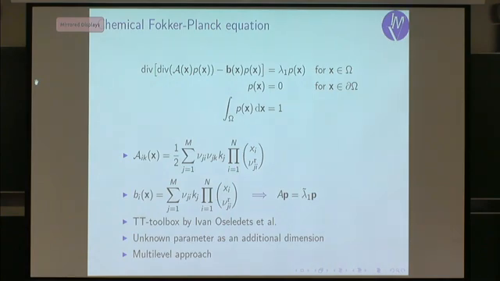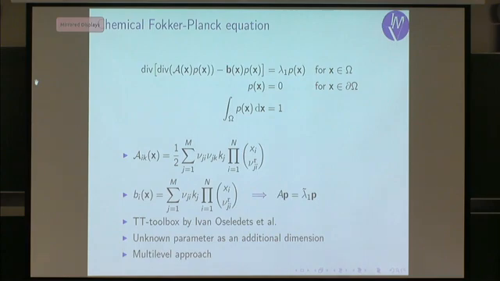I can consider that coefficient as an extra variable, and it will increase the dimension of my system by 1, but I can use the tensor technology to handle this one extra dimension, and I can solve the problem for all possible values of that parameter. And once I have solved it, I can do some post-processing, see what is the solution for different values of this parameter, and do, I don't know, parameter identification or bifurcation analysis or whatever.